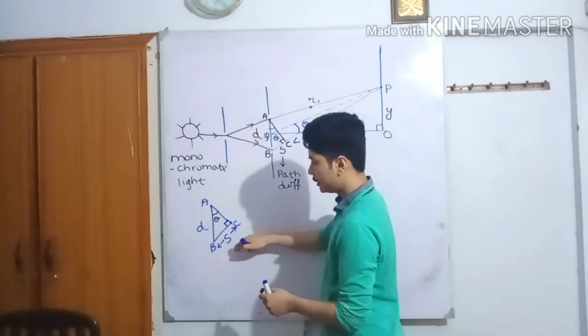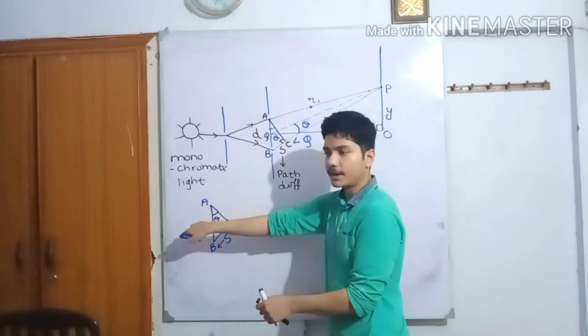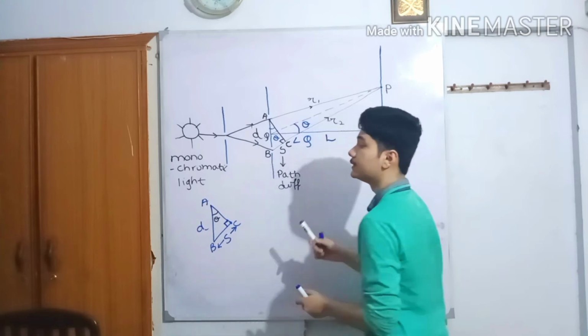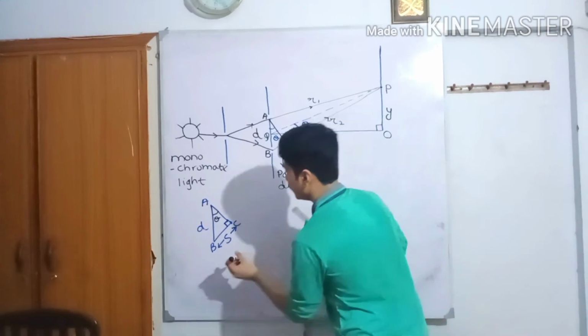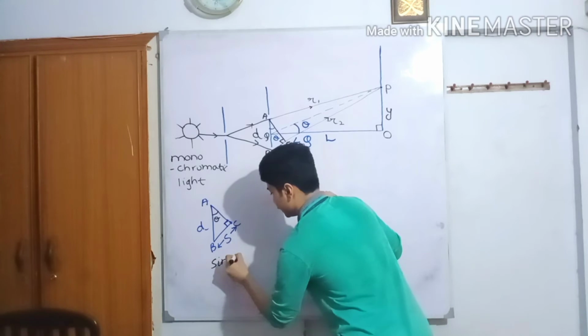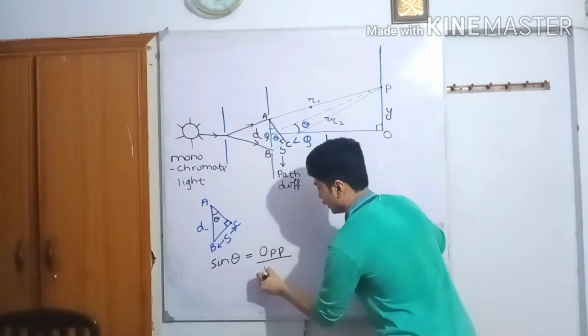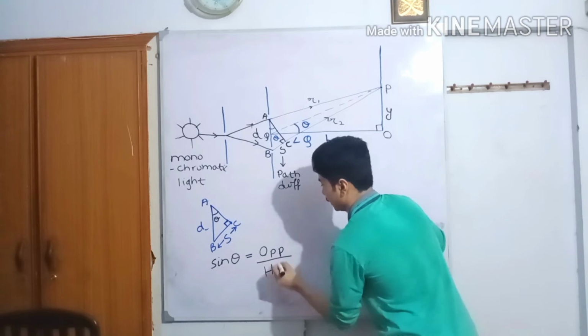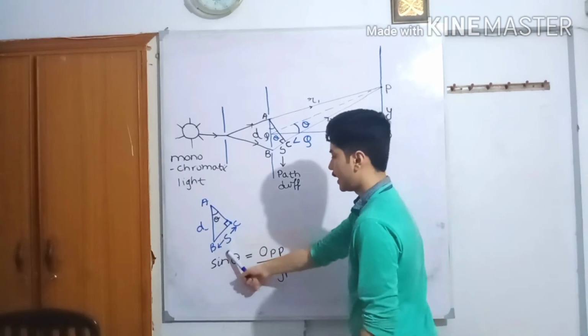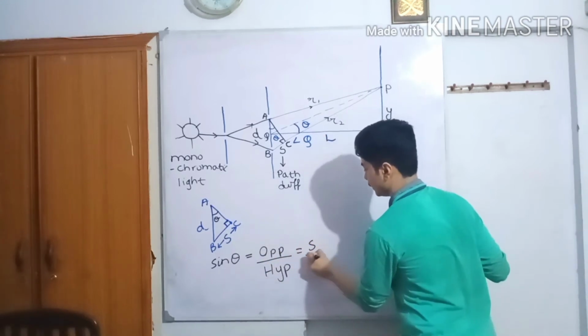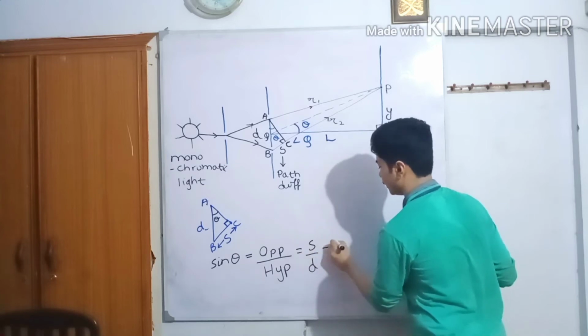So the ratio of opposite over hypotenuse is sine theta, so sine theta is equal to opposite over hypotenuse. Opposite is S and hypotenuse is D. So this is equation 1.